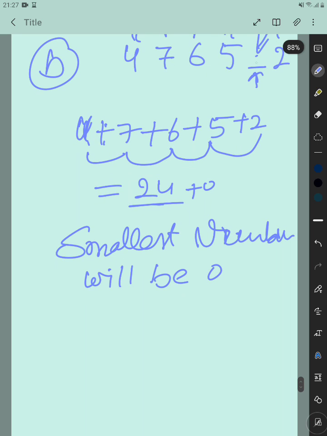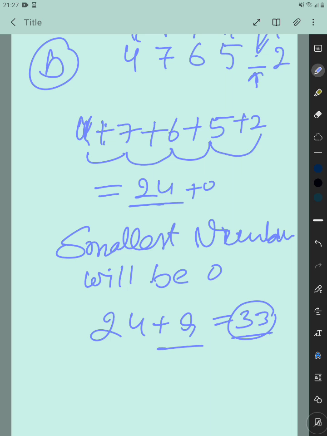Now we need to find the greatest digit also. The greatest digit that can be put at one place is 9. If we add 24 plus 9, that is 33, and 33 is divisible by 3, so the complete number will be divisible by 3.